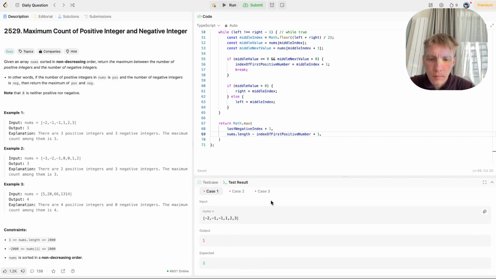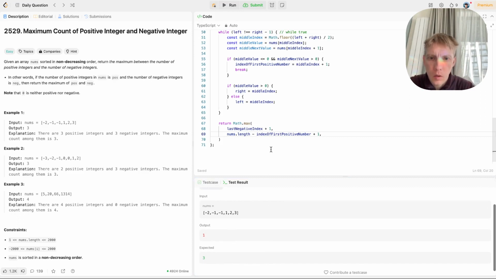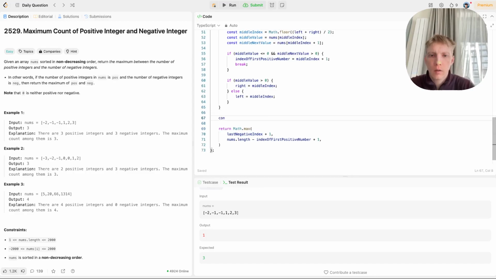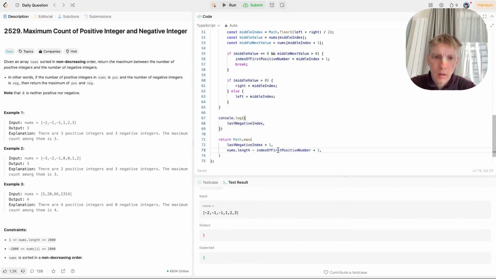Expected 3. Output 1. Okay, let's see what we have. Last negative index. Index of first positive integer.